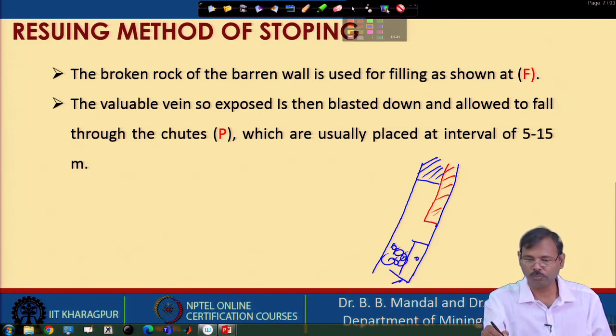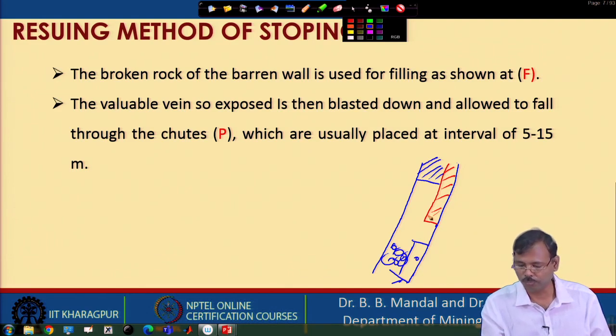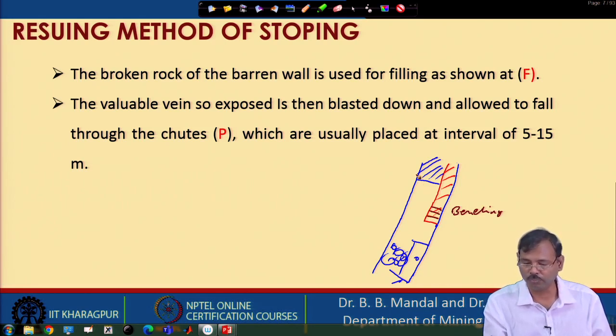Now, in this case basically we carry out blasting. We carry out blasting maybe by the benching method, or mostly, as it is already exposed, we go for the benching method of blasting for the lower one, or we can go in a similar way as we carry out blasting here, with a burn cut or stope blasting.